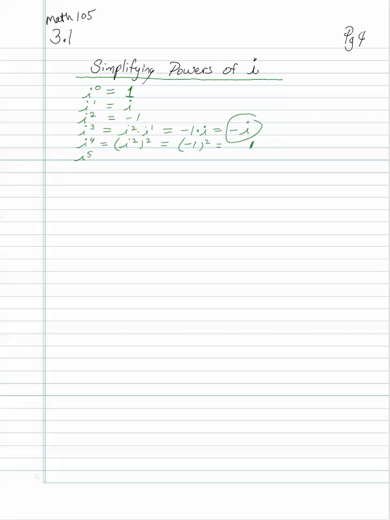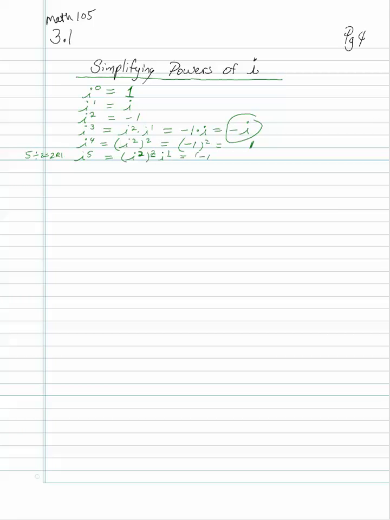i to the fifth, now the way you do it is you want to take out all the i squareds because that's negative 1. So you do 5 divided by 2 is 2 remainder 1.